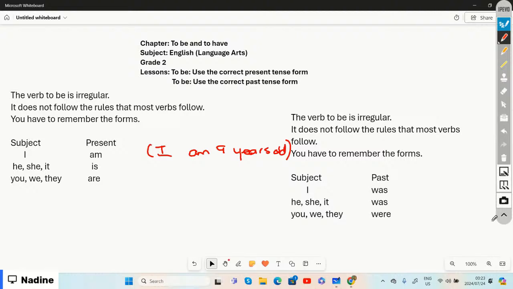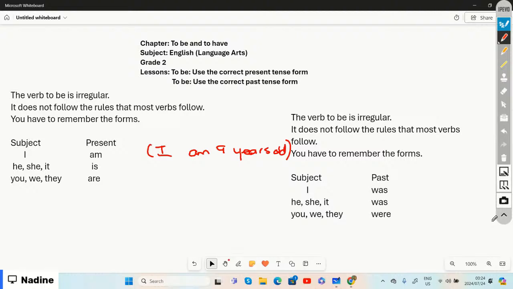If we use the subject I, referring to myself, example, if I'm going somewhere, all right.